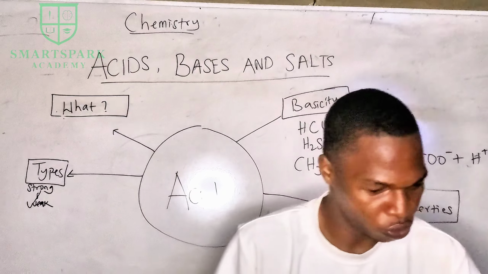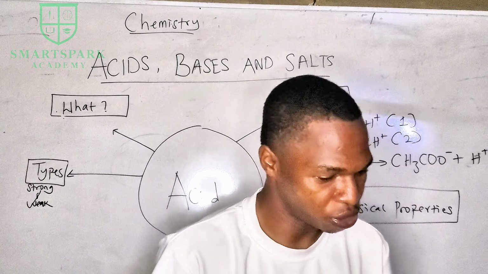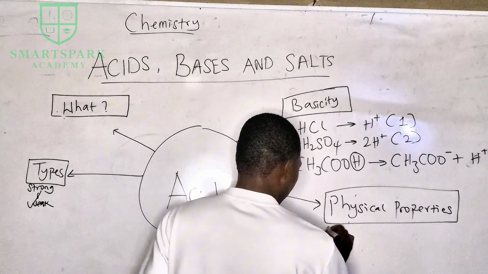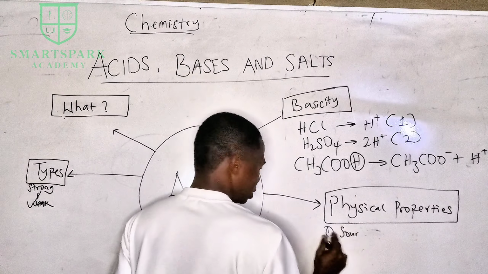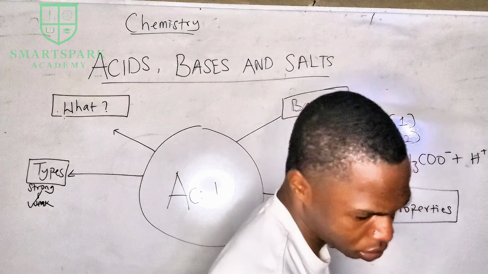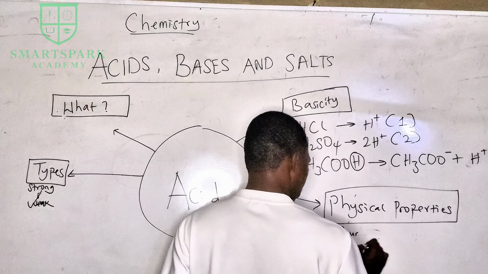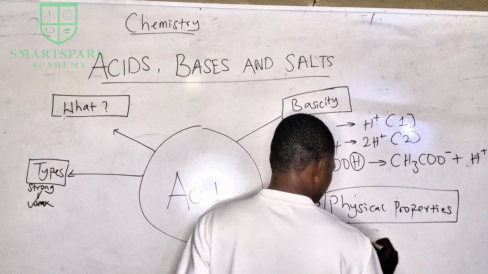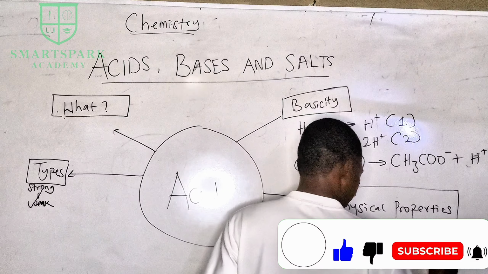You get? So for the physical properties, number 1, it has a sour taste. Number 2, it turns blue litmus paper red.